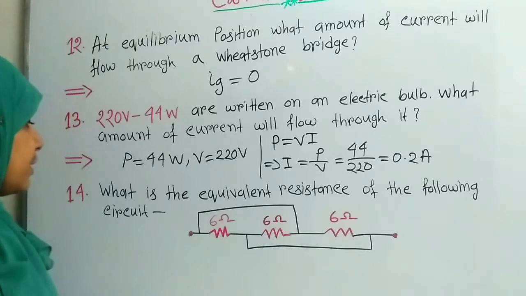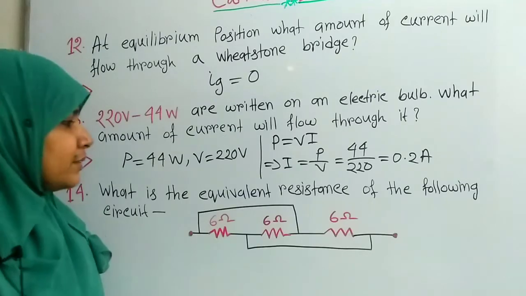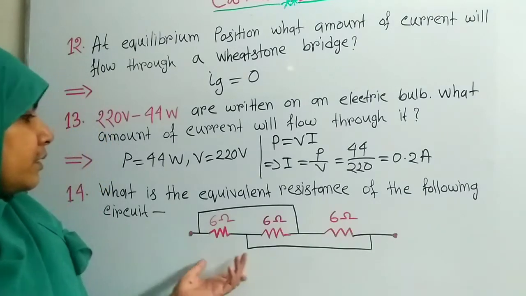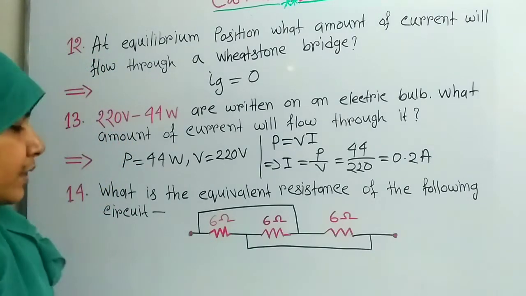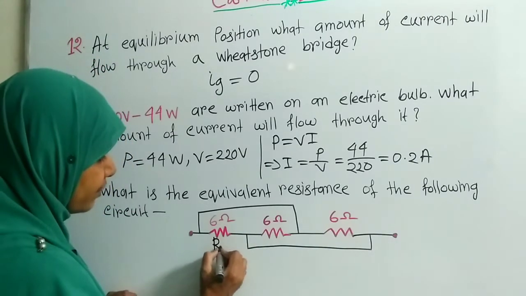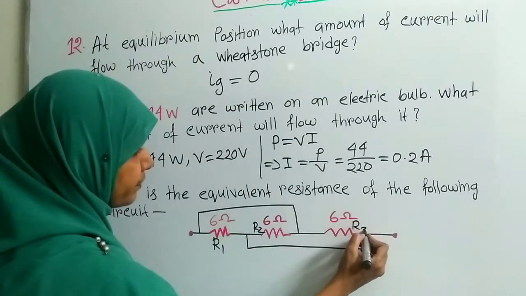Now our next question is, what is the equivalent resistance of the following circuit? So students, here you can see that it's a very simple circuit and 3 resistances are given here. Suppose this is resistance R1, this R2 and this is R3.